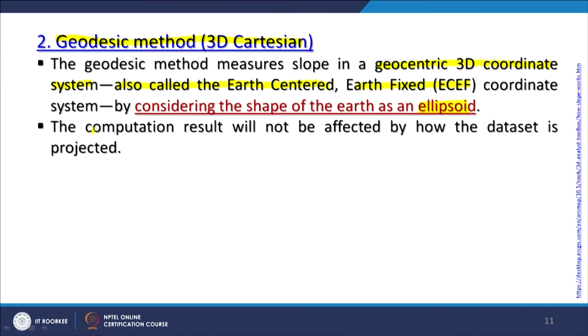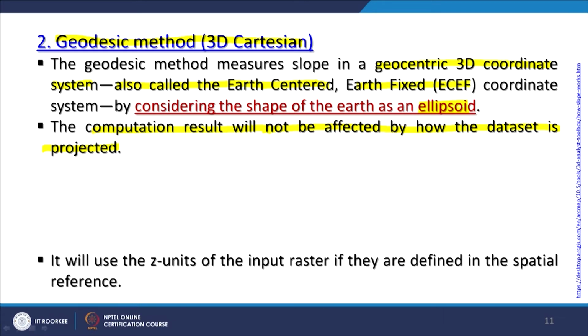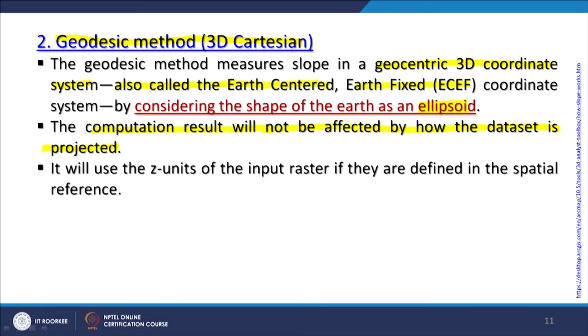So, the computation results will not be affected by how the data set is projected. In the case of 2D Cartesian or planar calculations, the data is first projected onto a 2D plane and then the calculation is done. Here, no matter how the data is projected, it will do the calculation.